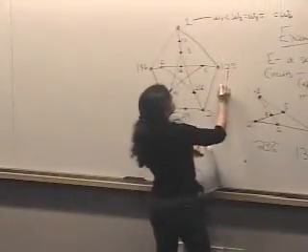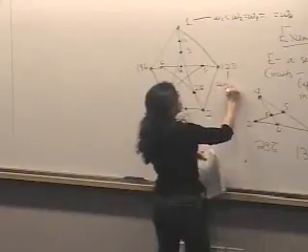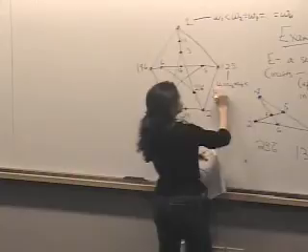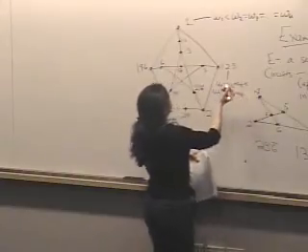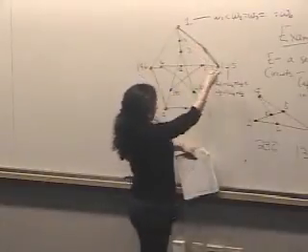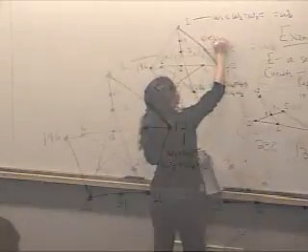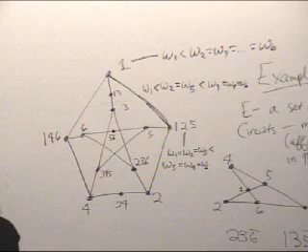This 1, 2, 5 represents the collection of weight vectors such that omega 1 equals omega 2 equals omega 5, less than the rest of them. And this edge here represents the weight vectors such that omega 1 is less than omega 2 equals omega 5, less than the rest.